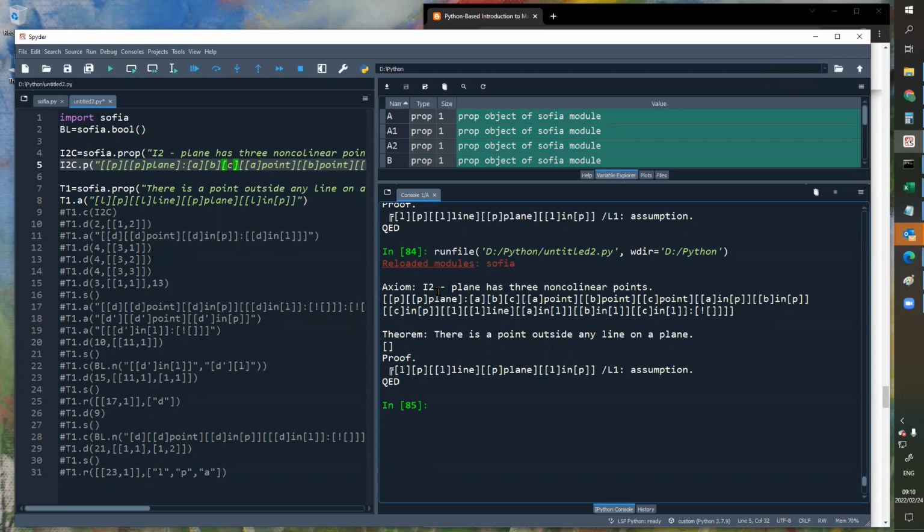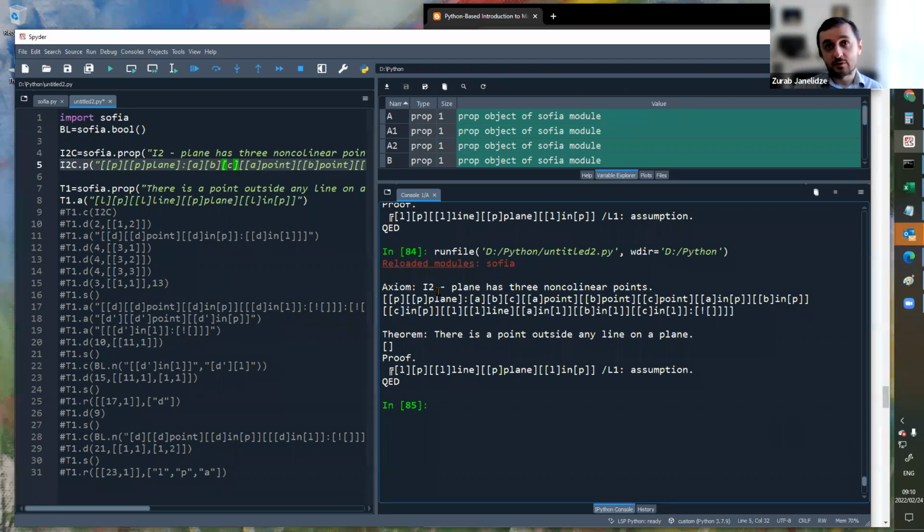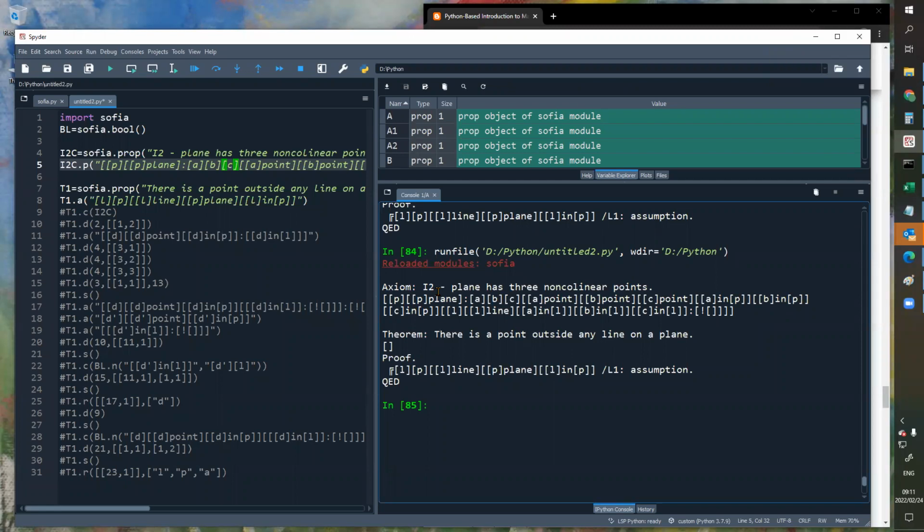So the fact that the line cannot pass through them will imply that they must be distinct. Yes, sure. But of course, this will only be true in the case when we have an additional axiom saying that for any 2 points, there is a line passing through them. We don't have this axiom here. So for the theorem, where we're just trying to find 1 point outside the line, it turns out it's not important that they're distinct.